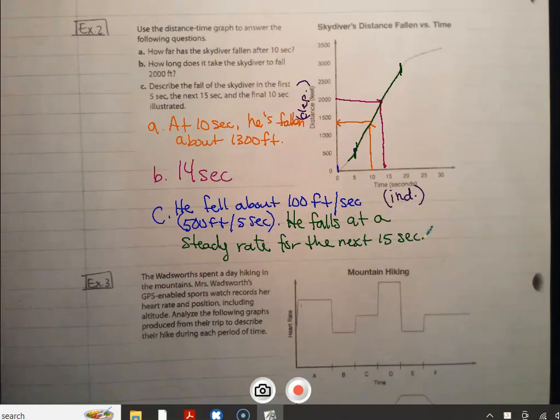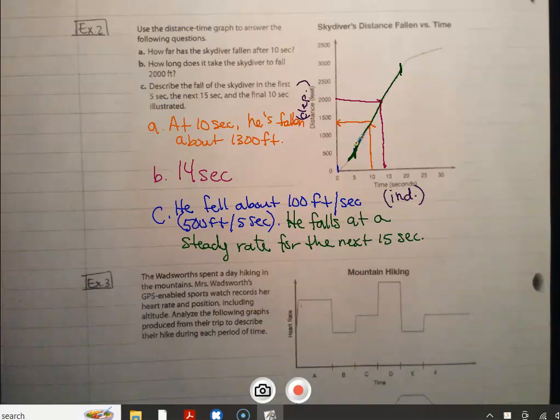Okay, so our conclusion on the first one, that he fell about 100 feet per second, maybe isn't accurate. It looks like that's really inclined. I mean, we see that, but that curve, like the rate just changed in between here, right? The rate kind of changes in between here.